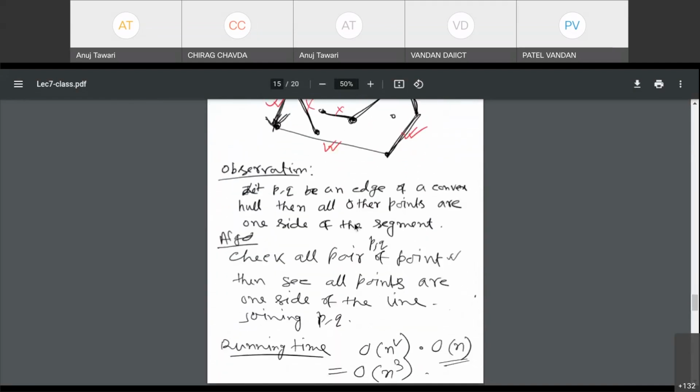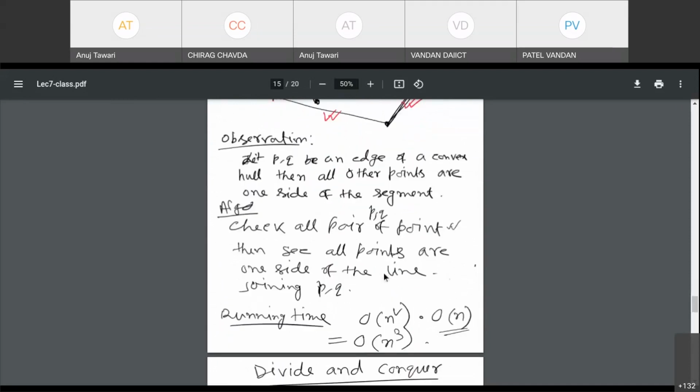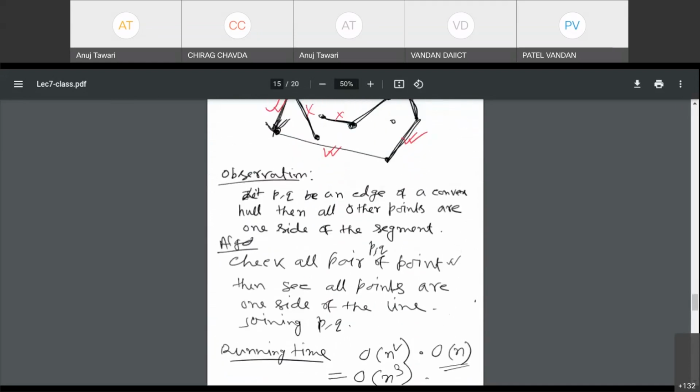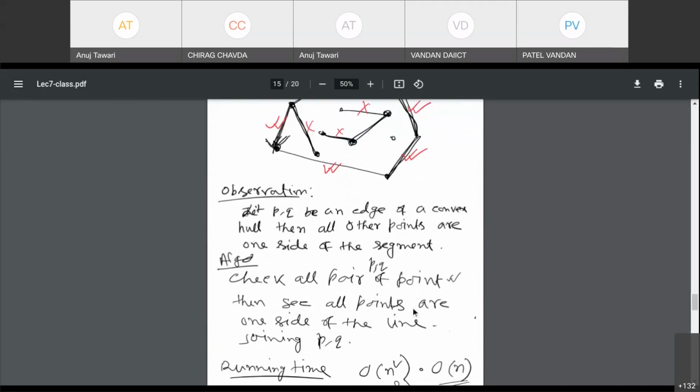All other points are on one side of the segment. So it is big O of n cube, and obviously you want to do better. What do you guess will be the best running time? Can we do better than n cube?